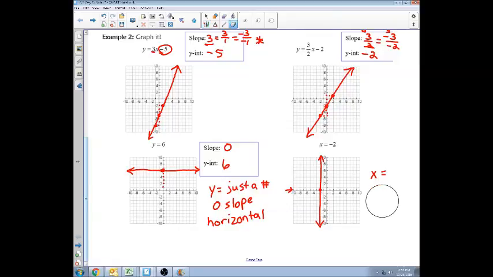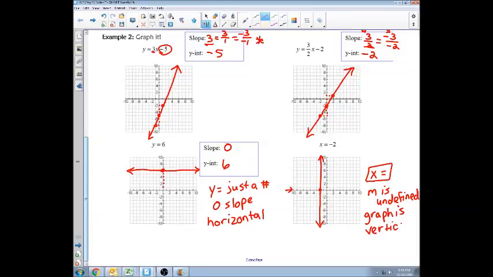Let me write m equals here. Anytime I have an x equals, my m is undefined, and my graph is vertical. All right?